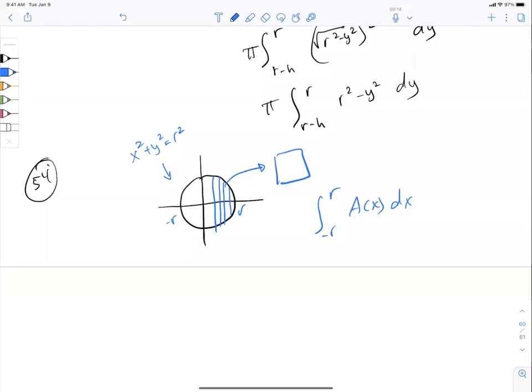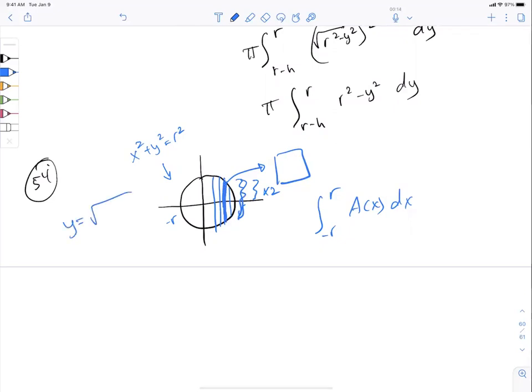Each side is going to be the distance from the top of the circle to the bottom of the circle, or the distance from the x-axis to the circle, doubled. That's half of it. Once again, you can calculate the whole thing or calculate this part and multiply by 2. Whichever you like. Regardless, I need that equation.